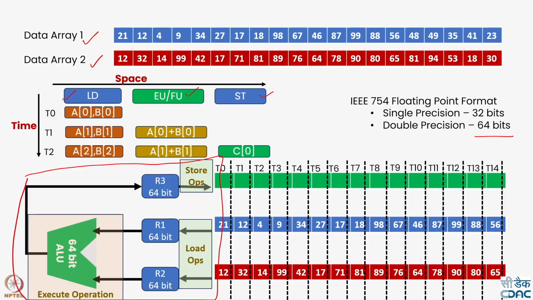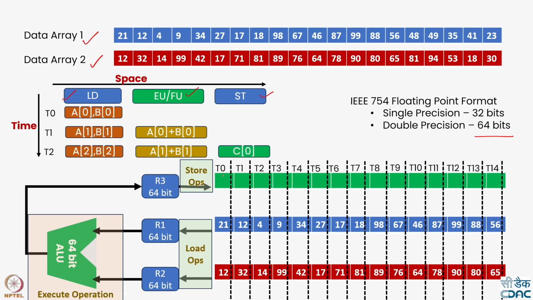So, let us see how this operation is performed. T0, T1 and T2 and so on, these numbers represent the clock cycles, and we will see step by step what actually happens in each of these clock cycles.